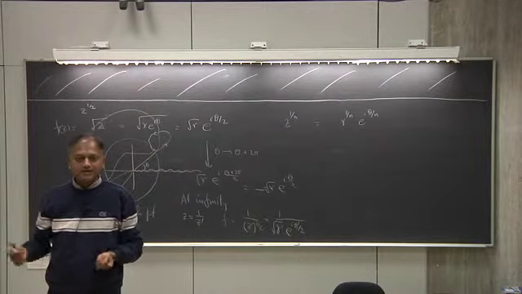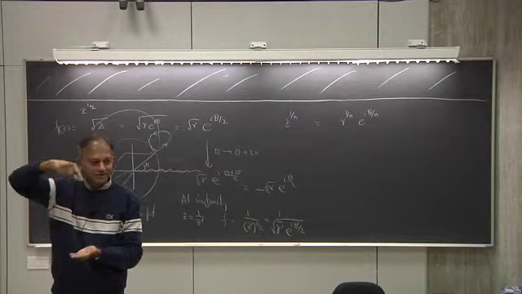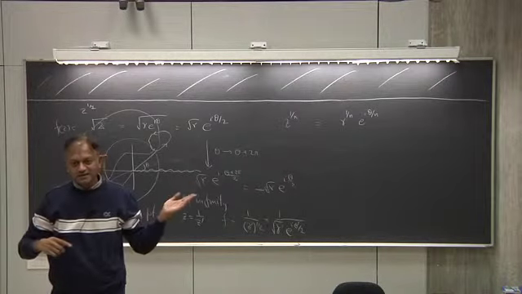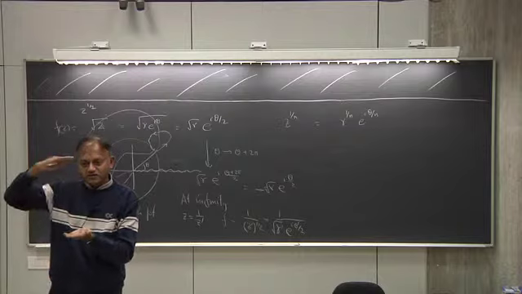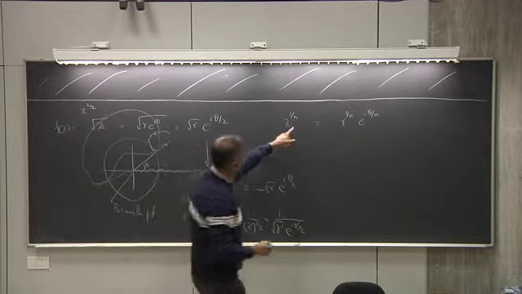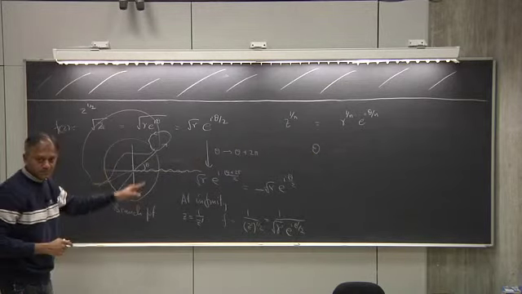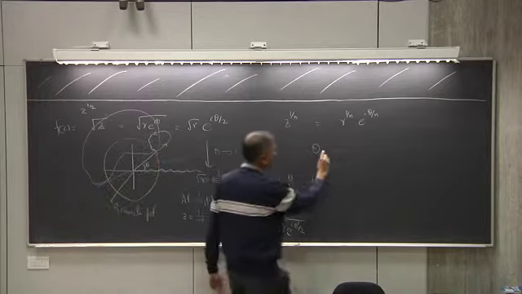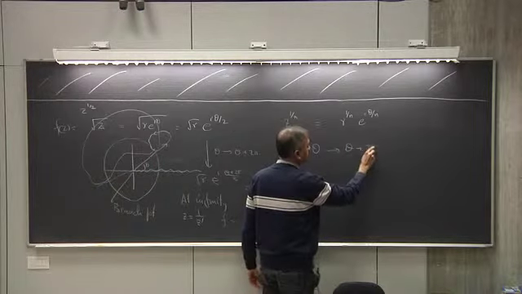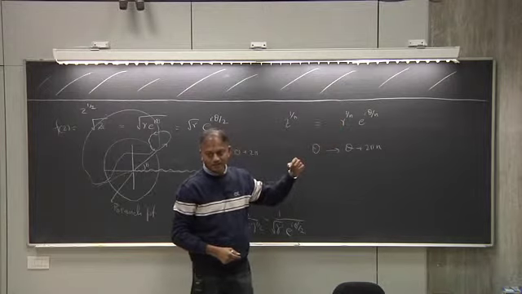Of course, then you will need an infinite number of sheets, because it will never come back to itself, right? If it's a rational number, then after a certain number of sheets, you will come back to its original value, right? For example, here, if you go around n times, then theta goes to theta plus 2 pi n. And then you see that the function comes back to its original value, right?